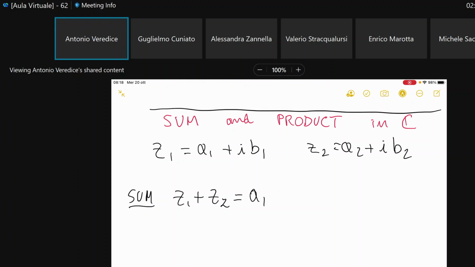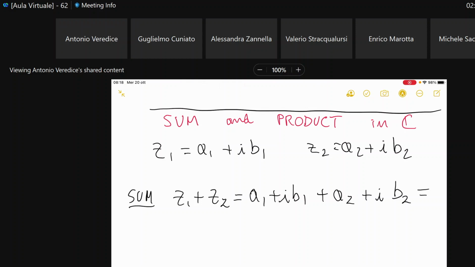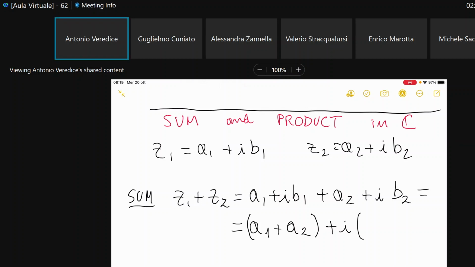Since this is a1 plus i b1 plus a2 plus i b2, you can rewrite this by collecting the real part, a1 plus a2, and collecting i, the imaginary unit, times b1 plus b2. And this is the sum. Any questions on this?